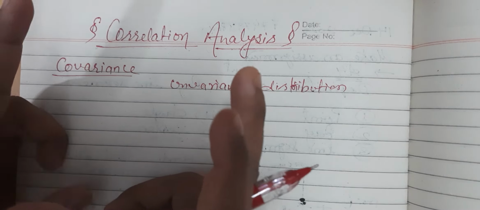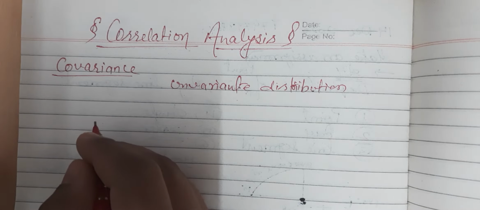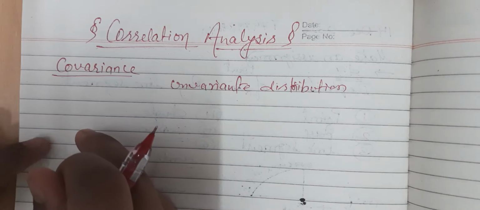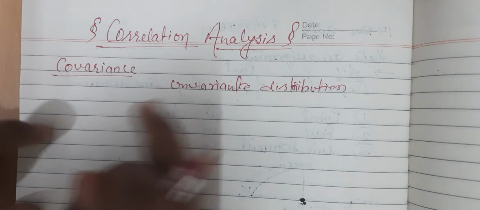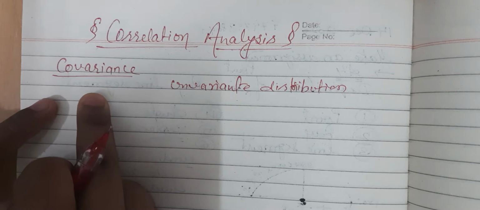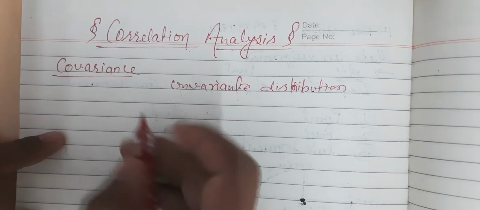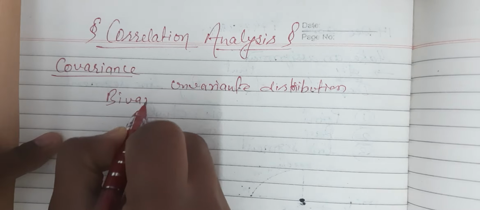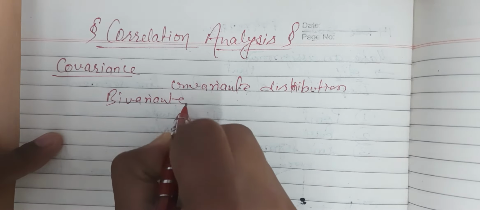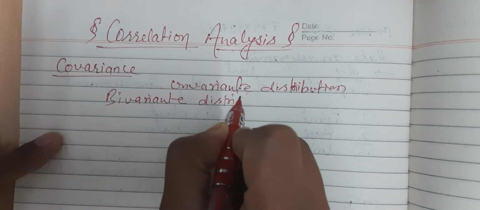Bi means two. One variable relates to marks obtained in maths and another to marks obtained in accountancy. So we get a bivariate distribution.